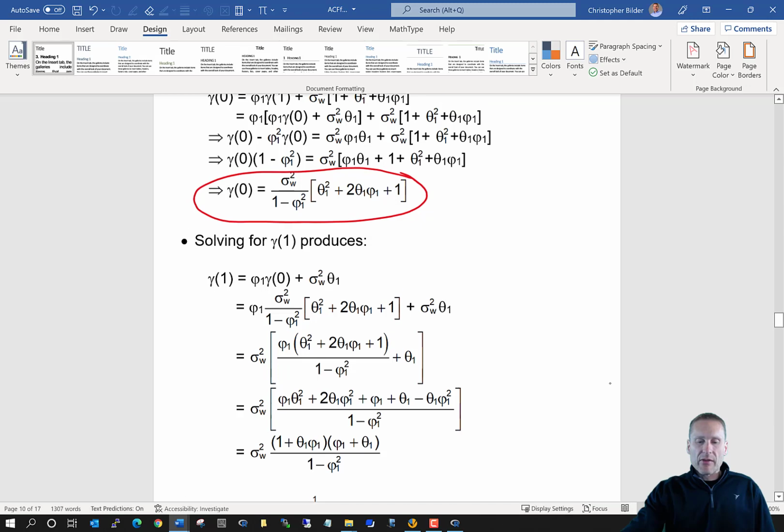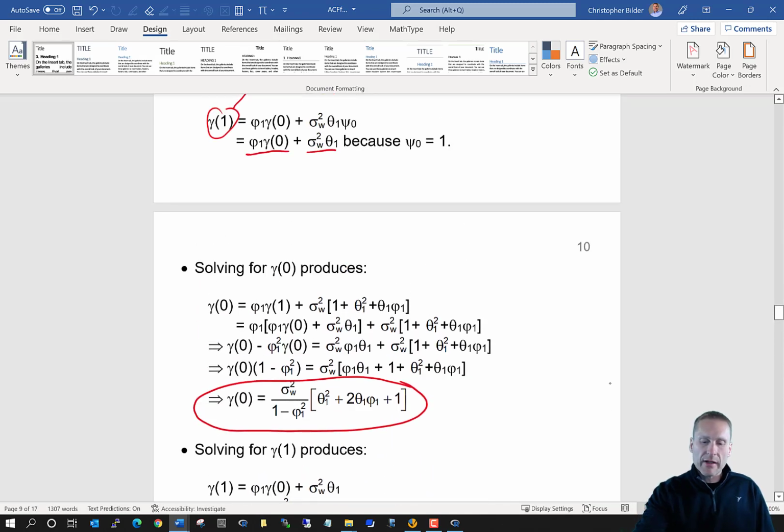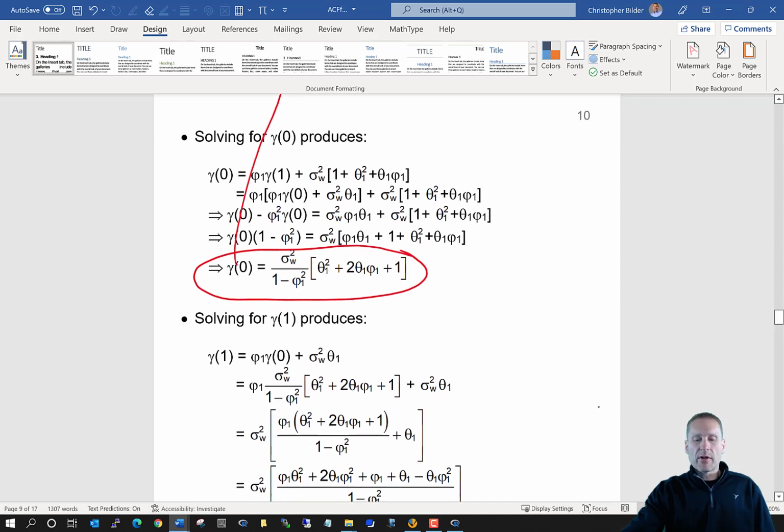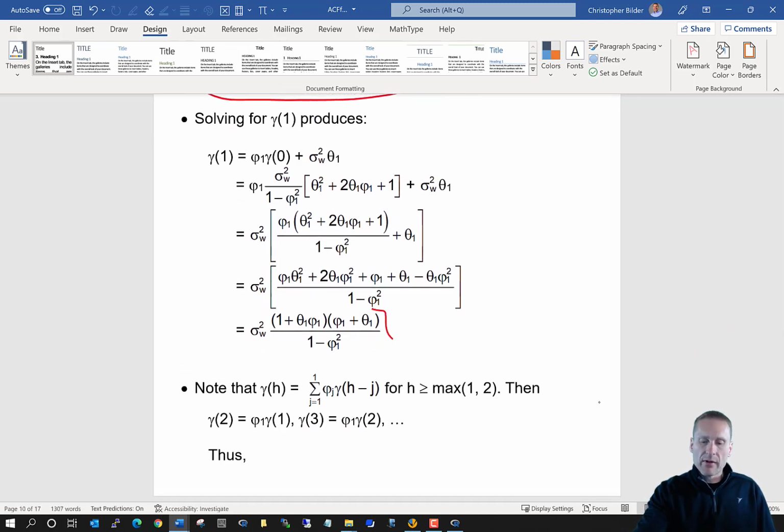Now that I have gamma 0, what I can do is simply plug that gamma 0 into there, do some more algebra, and here's what we get for gamma of 1.